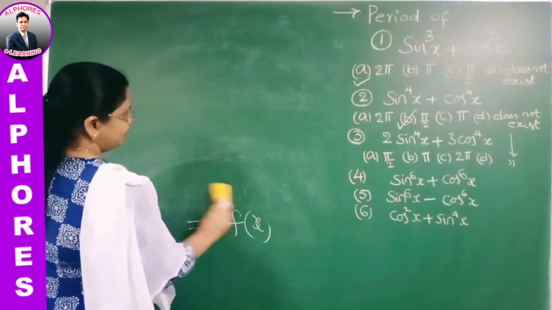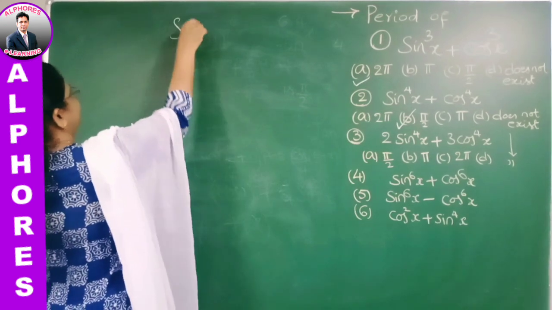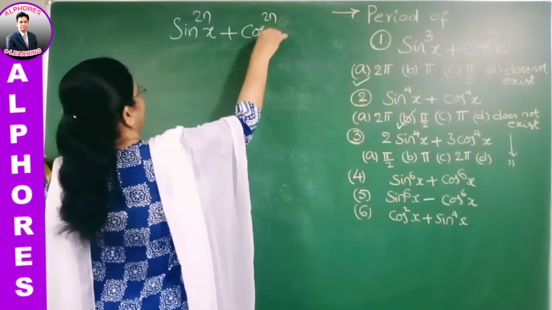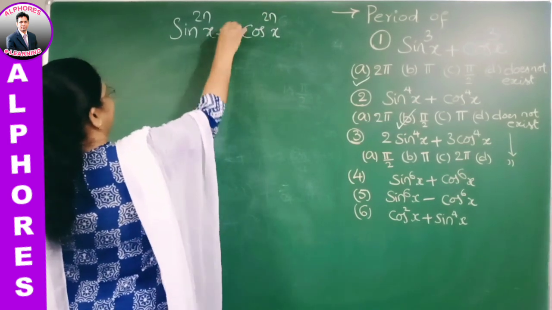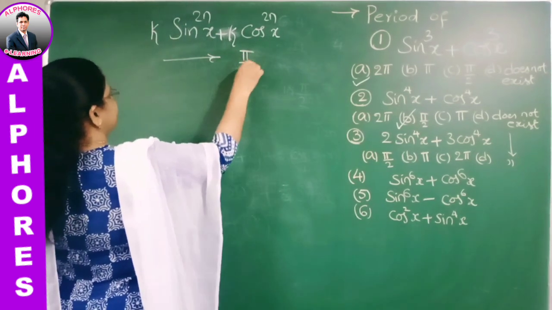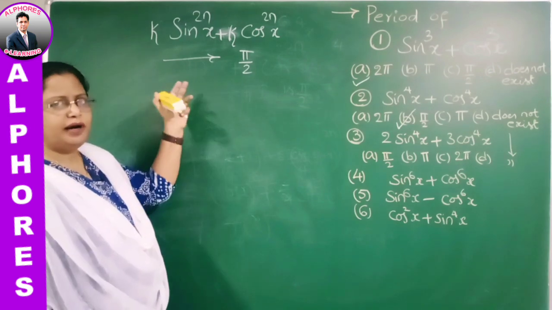So how can you generalize this kind of result? We can generalize it this way: sin to the power of 2nx plus cos to the power of 2nx, and if you write some k here and also some k there, then the fundamental period is pi by 2, and n must be 2 onwards.